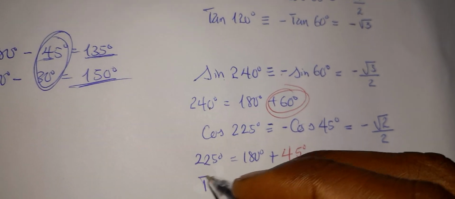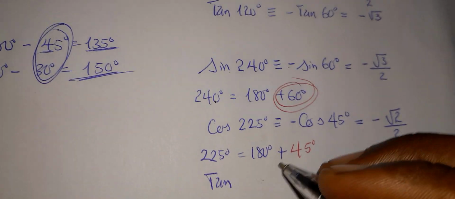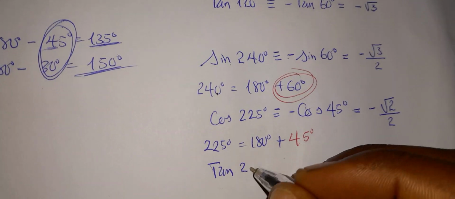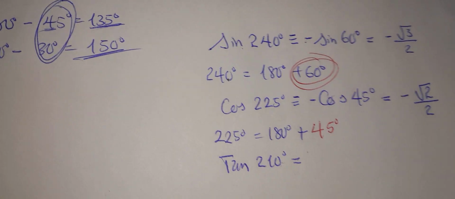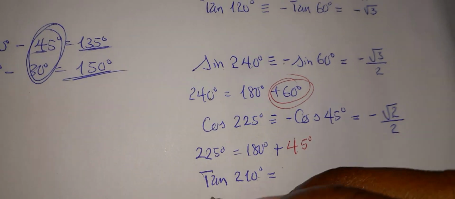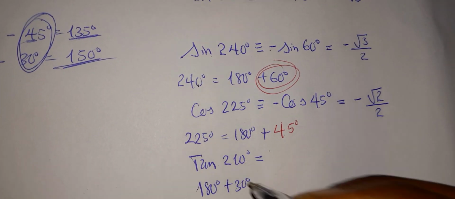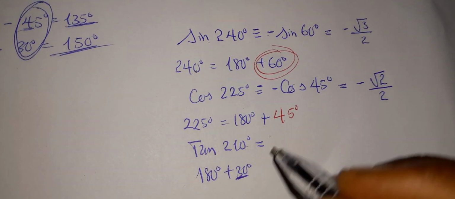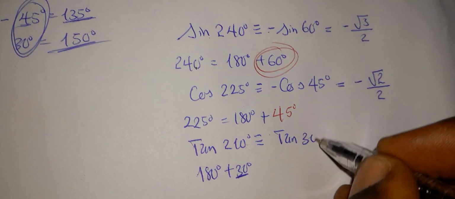Alright, so what is tan? Let me take another special angle to tan. Alright, 210 is as a result of 180 degree plus 30 degree. So our concern here is 30. So it means it's equivalent to tan 30 degree.